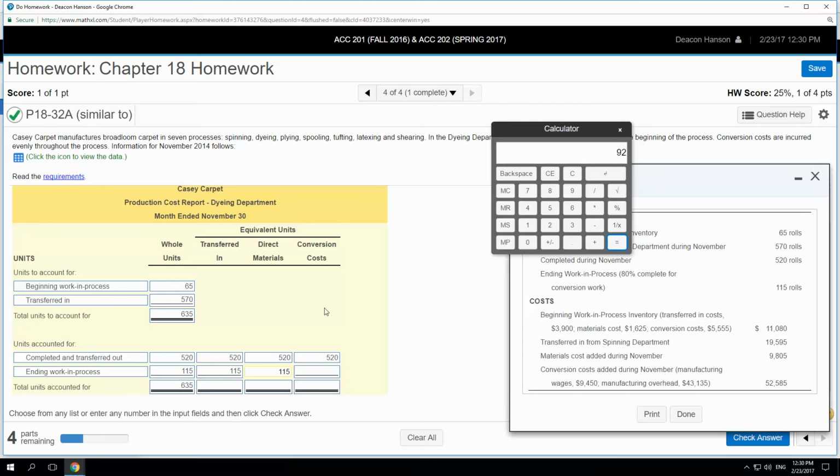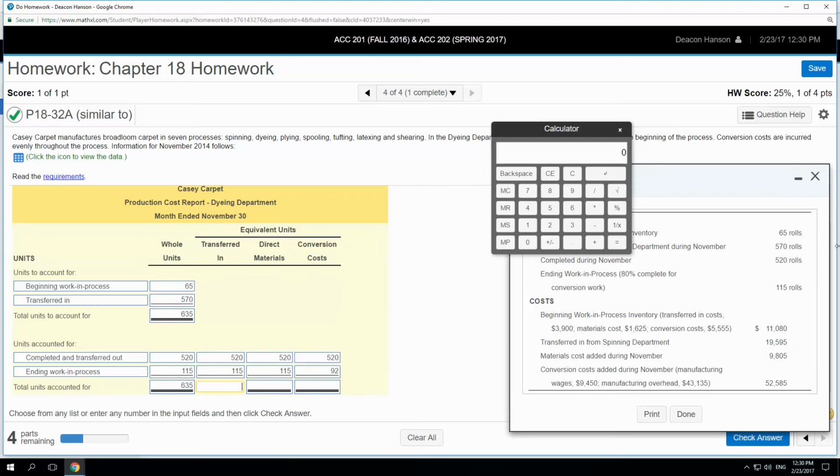So in my conversion costs column, on the row that's listing ending work in process, I only have 92 units. Okay. All of the conversion costs haven't been applied yet.